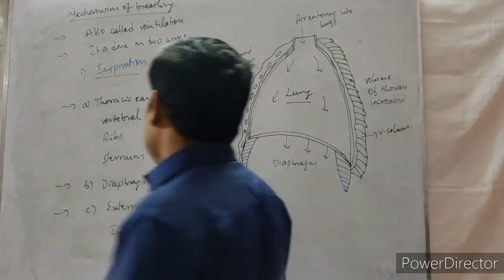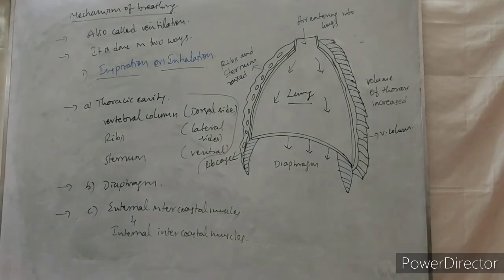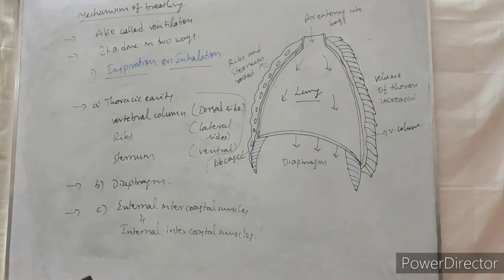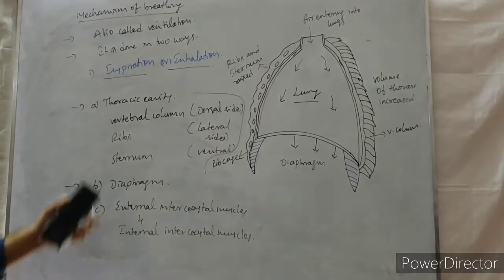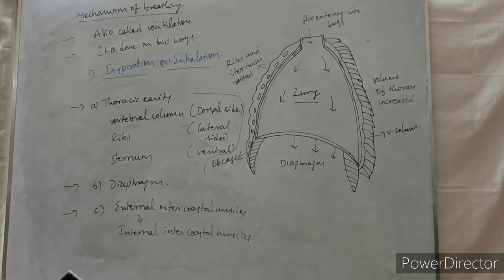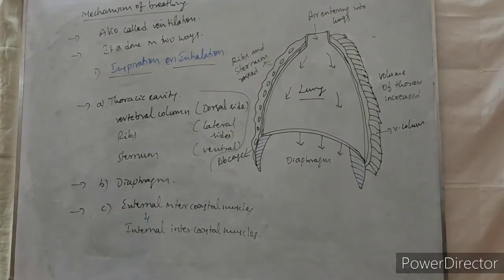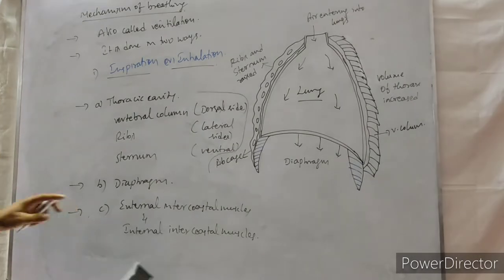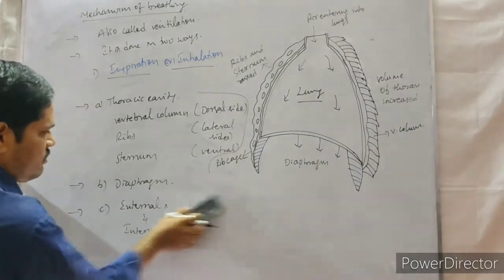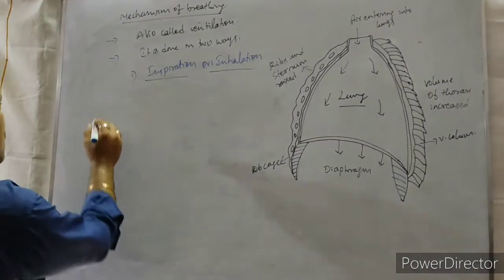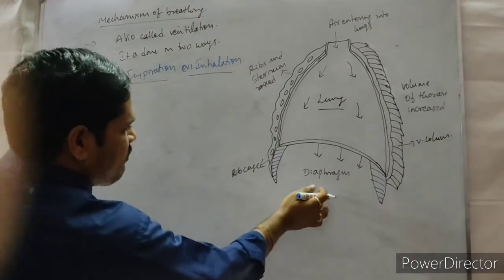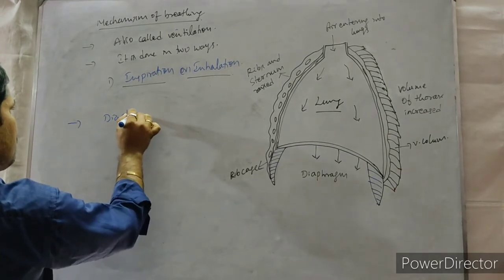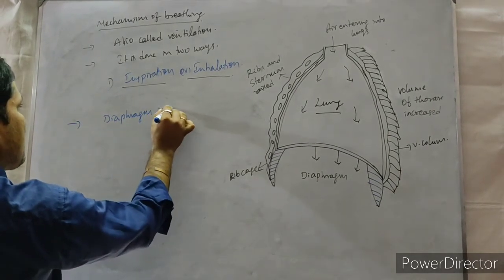Now, how is the mechanism done during inspiration? These are the parts helpful for inspiration. See how inspiration is done. First, the diaphragm is contracted.